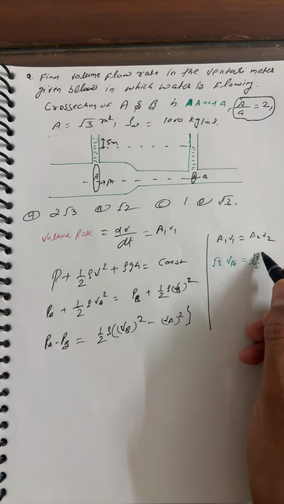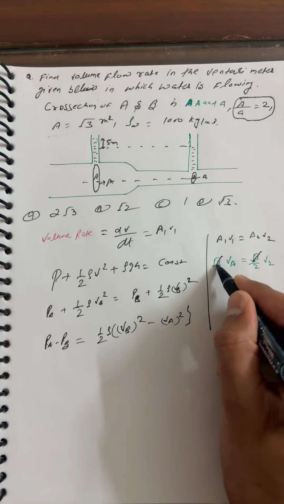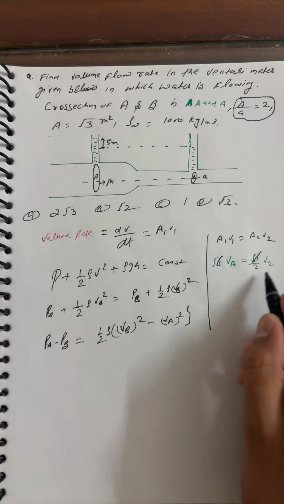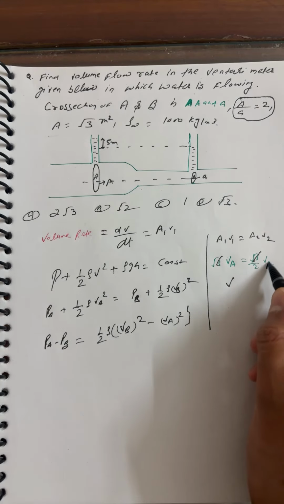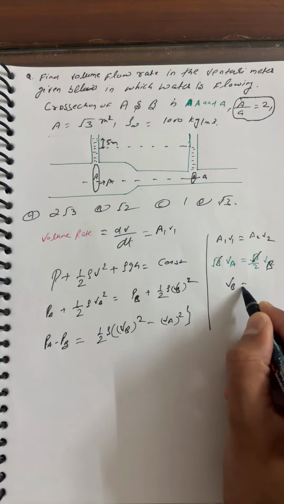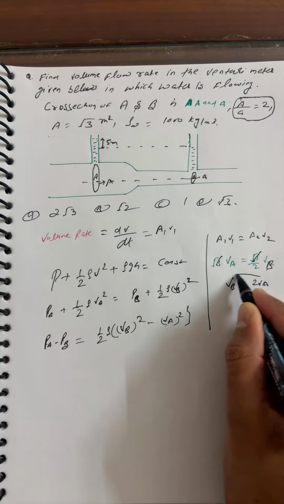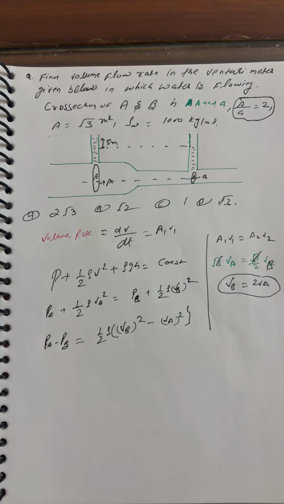Root 3 cancels, and you will get V2, which is VB only. VB is equal to twice of VA. VB is equal to twice of VA, right?